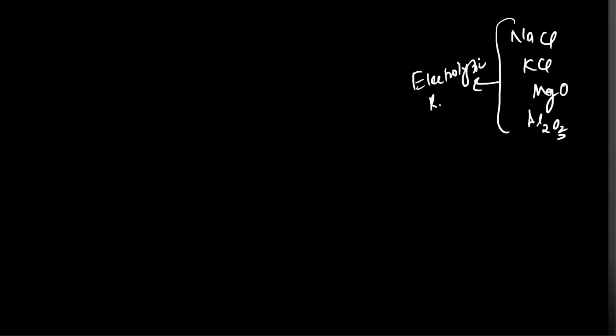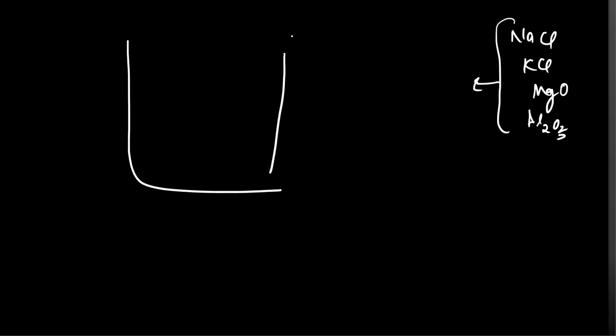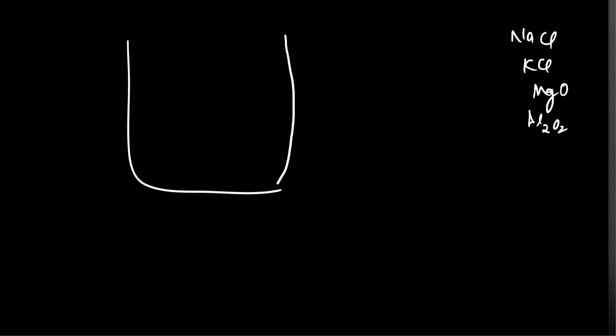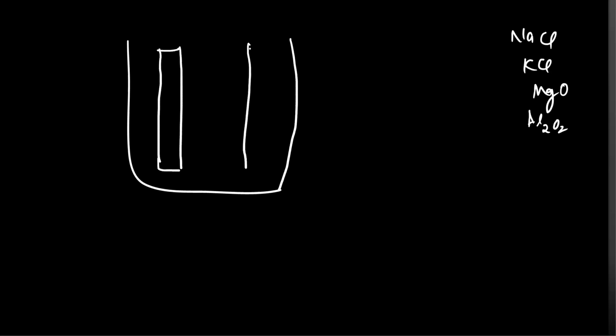Electrolytic reduction method. For example, if we take the example of sodium chloride, what is done here is we take two inert rods. Inert rods means they do not participate in the reaction.